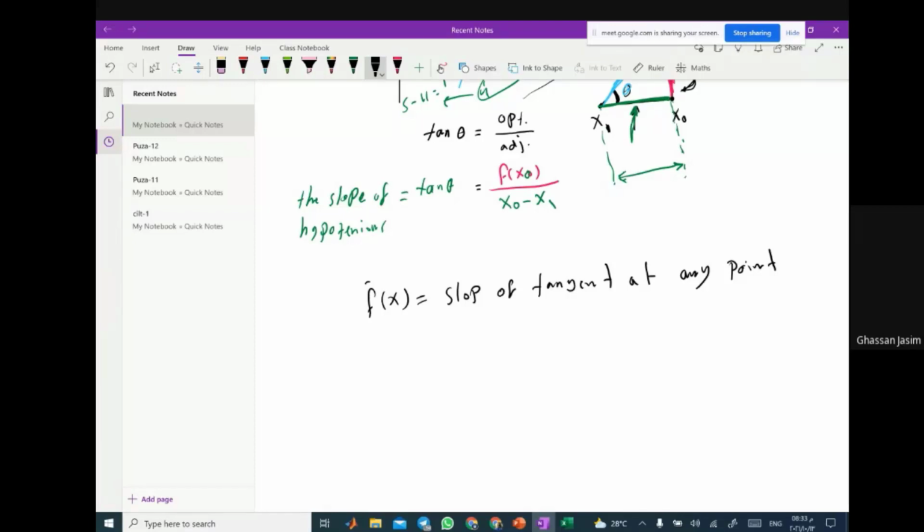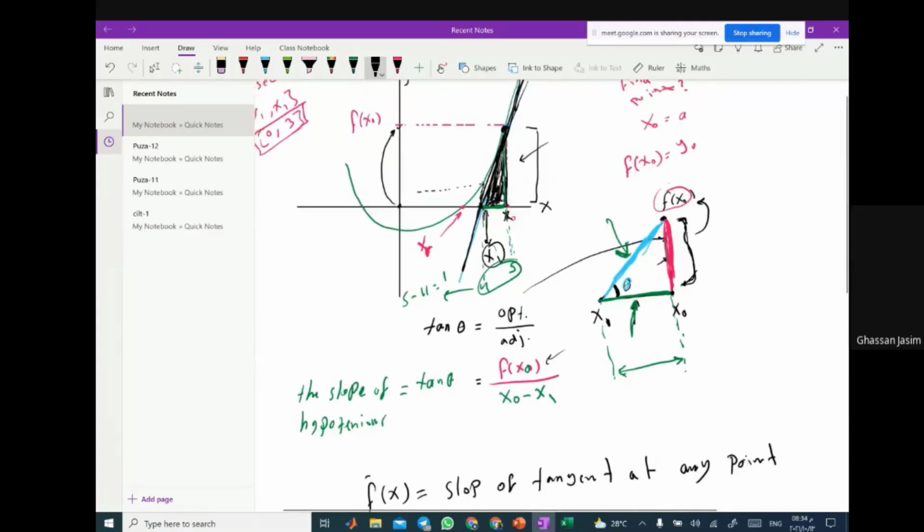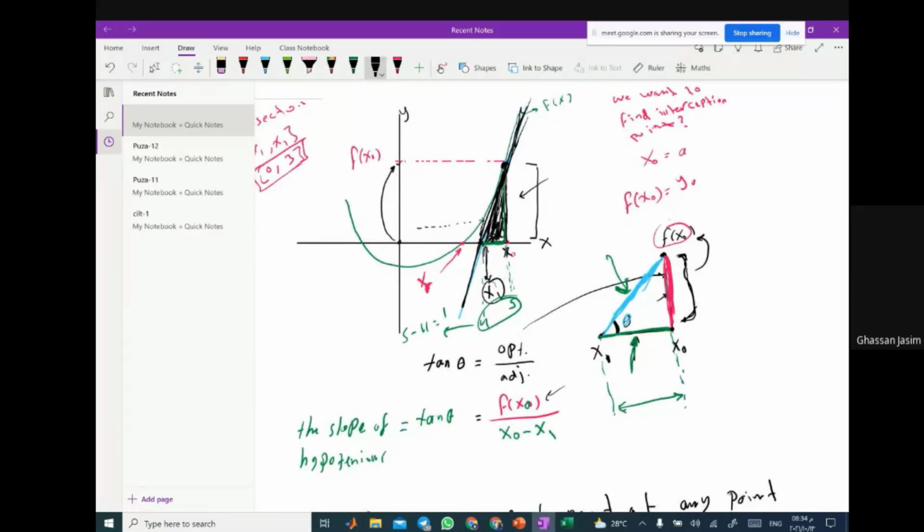Then if I say f dash x naught, I mean at this x naught, it equals the slope of the tangent at x naught. Where is the tangent? This is the tangent at x naught.